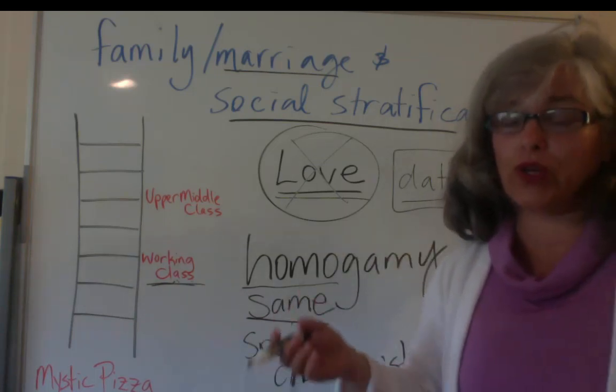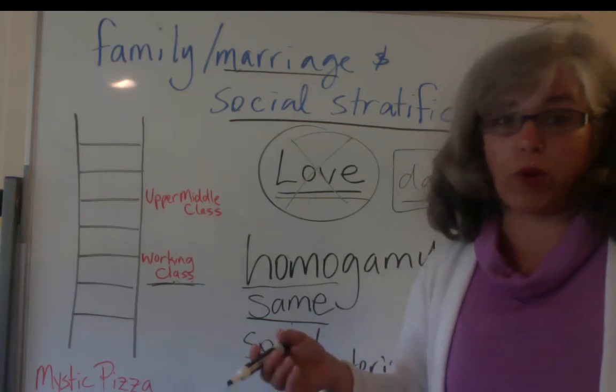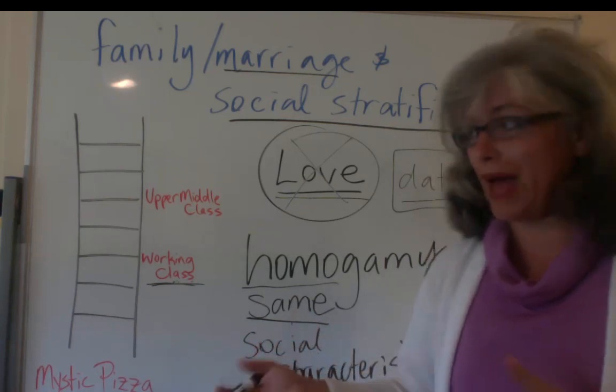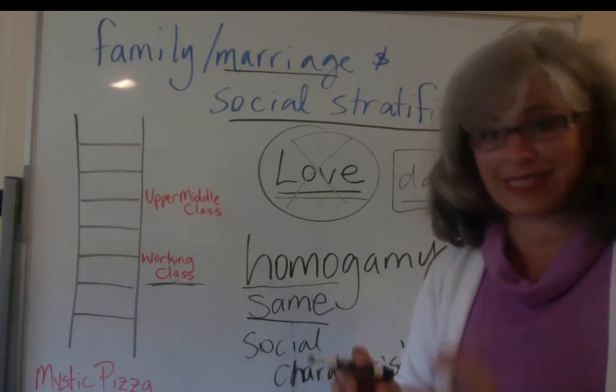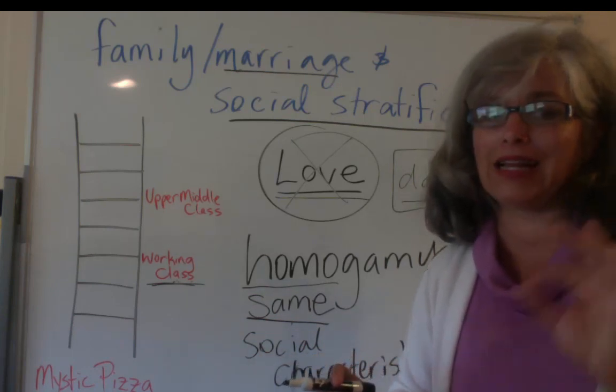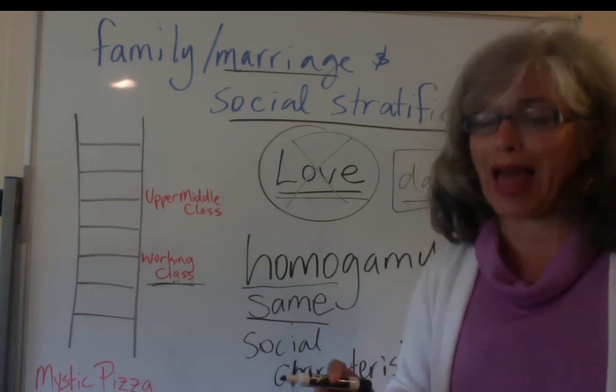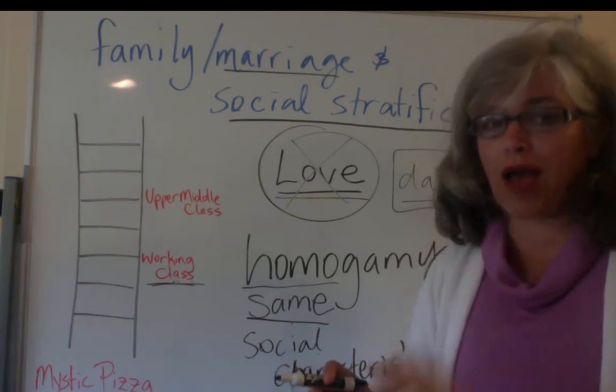Back to Unit 2, when we were talking about social structure, back in Chapter 4, I think it was, when we talked about ascribed status for the very first time, and it said social class is an ascribed status.